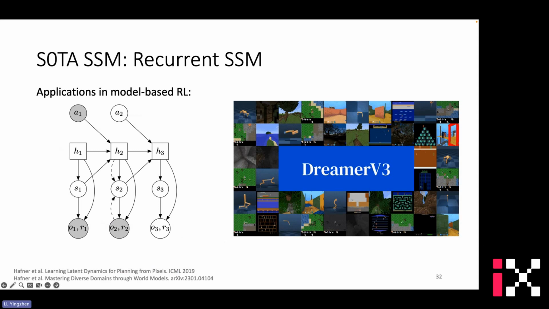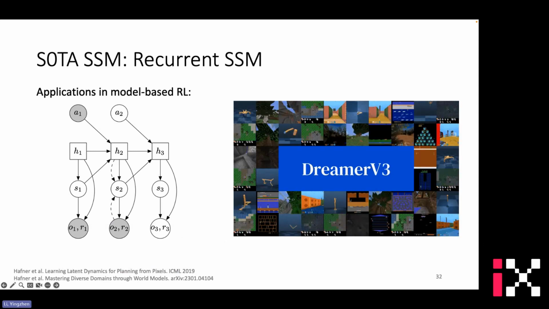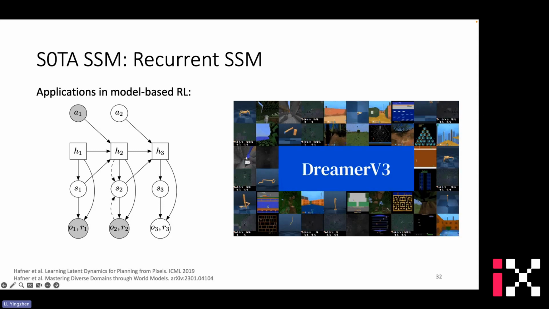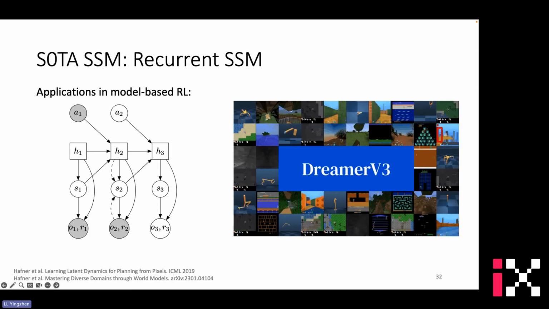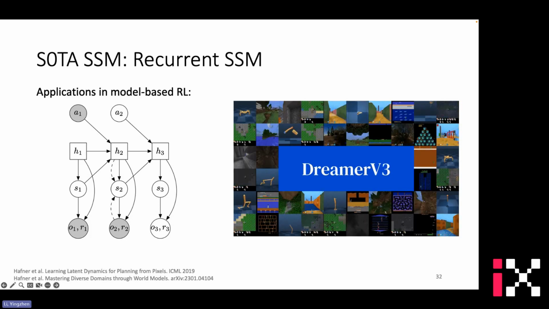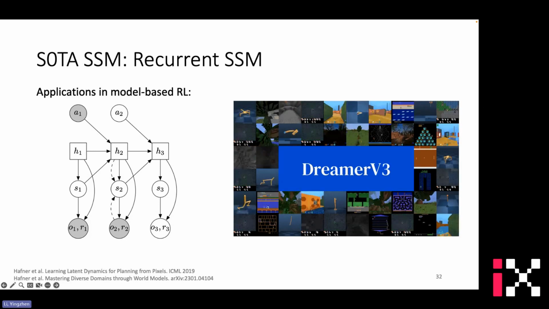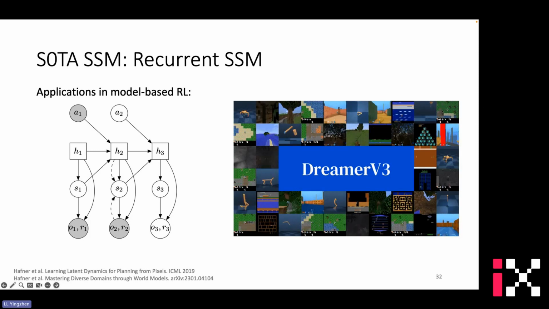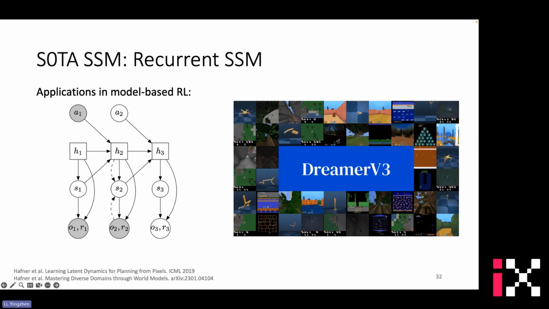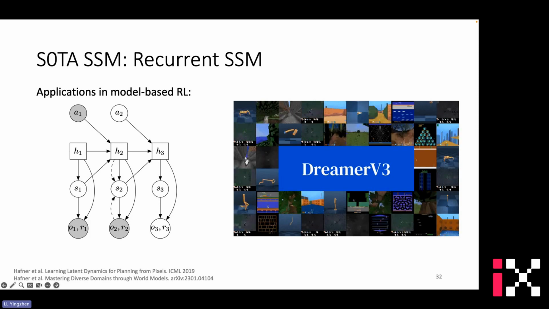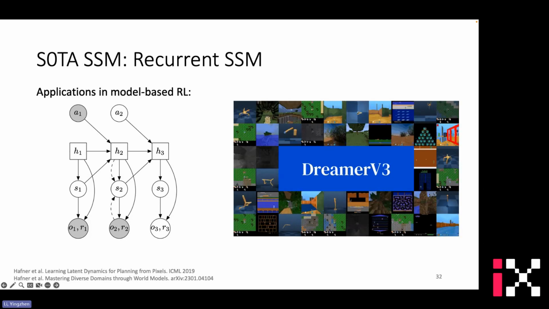Okay, so one of the state-of-the-art models that actually uses this idea of nonlinear SSM is called recurrent SSM, and their latest version, if you want to search, is called Dreamer V3. I mean, they have V1, V2, V3. They are also based on this similar architecture, where you can see that it is a stochastic dynamic model where you have stochastic states, and it is a reinforcement learning setting, so you observe both the observations, which are the videos, as well as the reward.